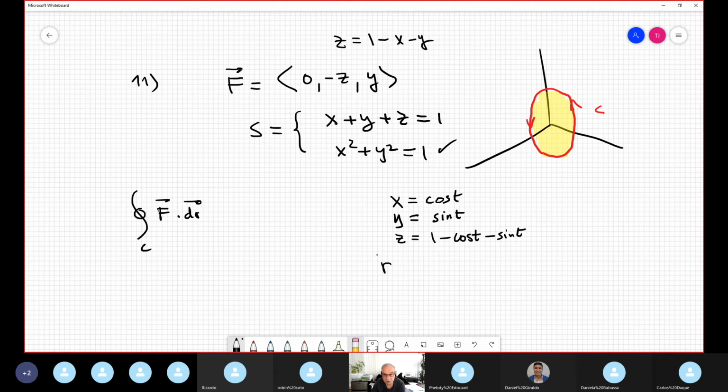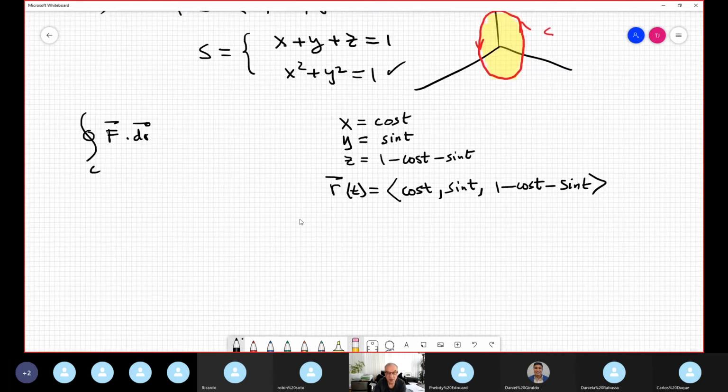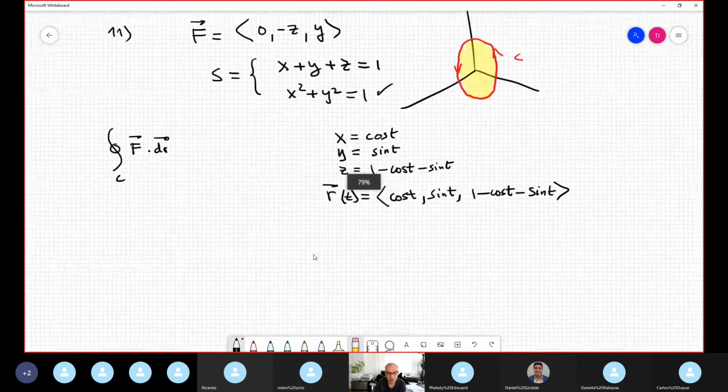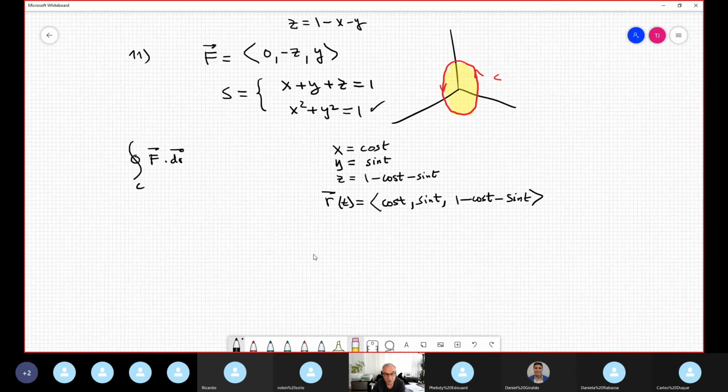Okay, entonces the parameterization vector value function for that curve is cosine t, sin t, 1 minus cosine t minus sin t. Okay, and this represents perfectly our famous curve. So you put in GeoGebra, remember in GeoGebra, no es surface, it's a curve.